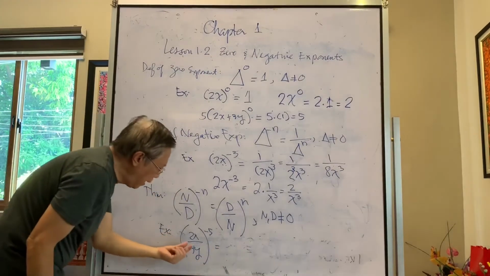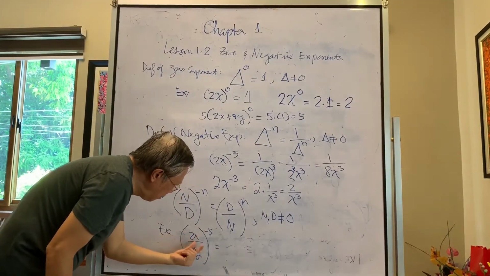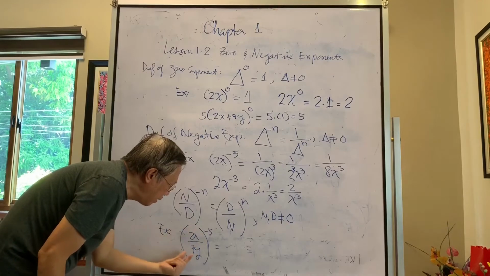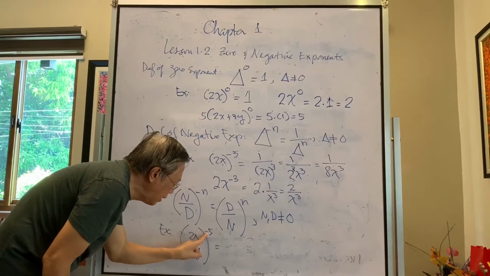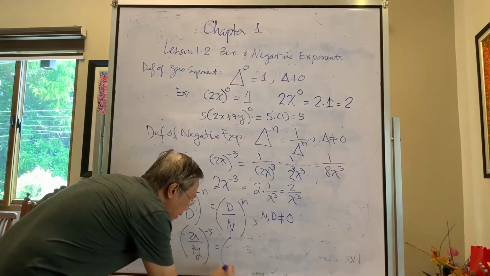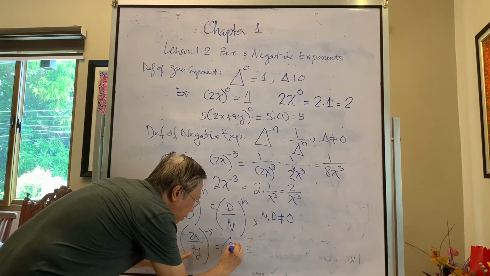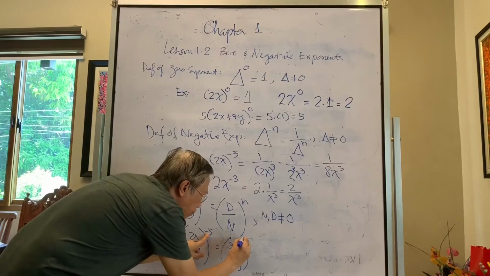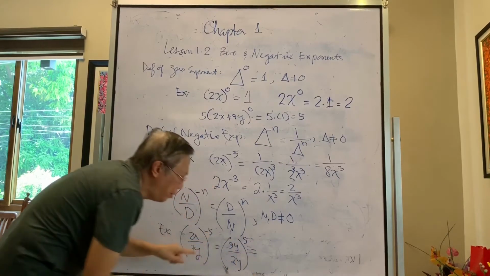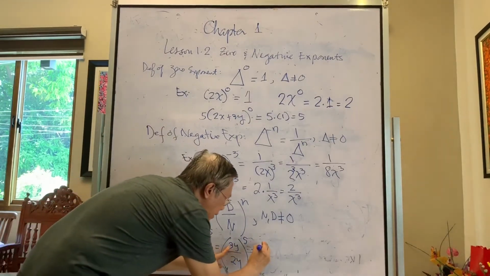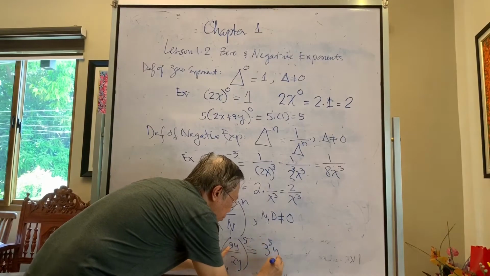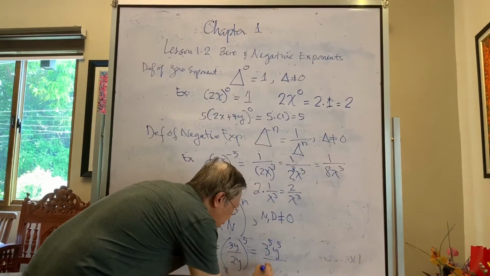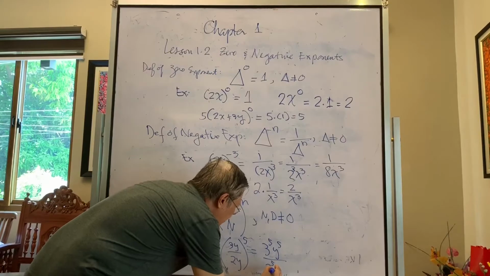Instead of applying the laws of exponents that we had earlier, we can simplify this one first and rewrite it. Exchanging the numerator and the denominator and making the exponent positive will give you this, 3 to the 5th y to the 5th over 2 to the 5th.